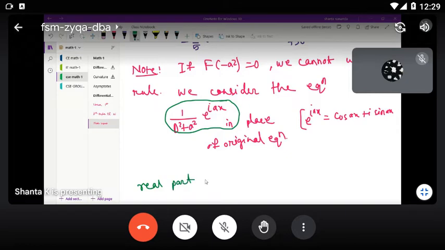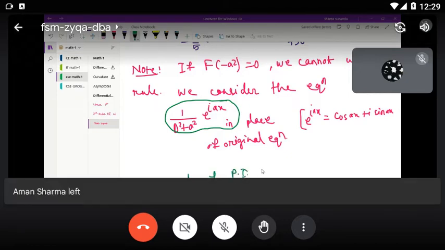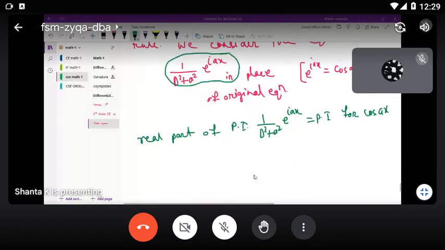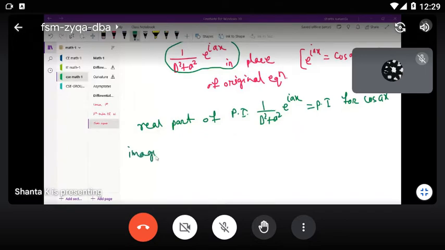The real part of the particular integral of e power i ax will be the particular integral for cos ax, and the imaginary part of the particular integral of e power i ax will be the particular integral for sin ax. Okay, so now we can proceed.